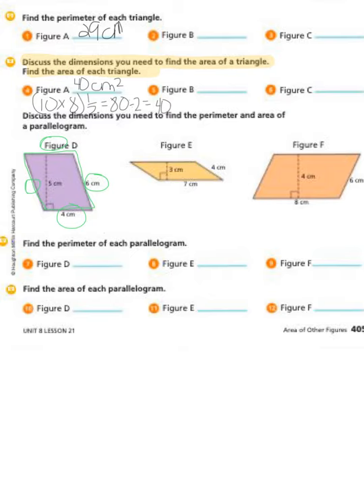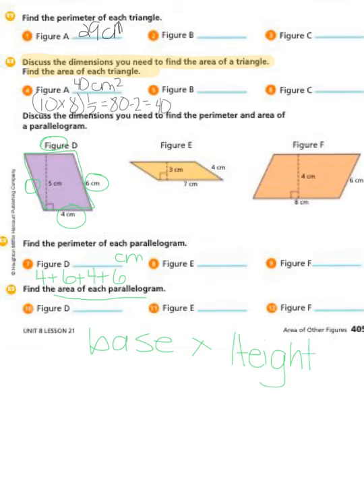So you just would add up 4 plus 6 plus 4 plus 6 to find your perimeter, and then that is centimeters, and there's no squared on that because it's a straight distance. And then to find the area, you just take the base times the height. And you just want to make sure you're using the right numbers. So you've done that before.